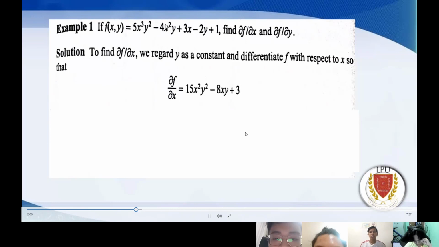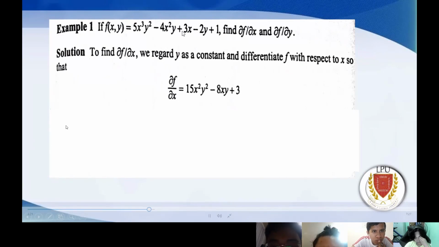For the second term, we bring out 4 and y, and then the derivative of x squared, which is 2x. Okay, and then 2 multiplied by 4 is 8. We have your negative, of course, and then xy. Next is 3x. The derivative of 3x is simply 3 times 1.